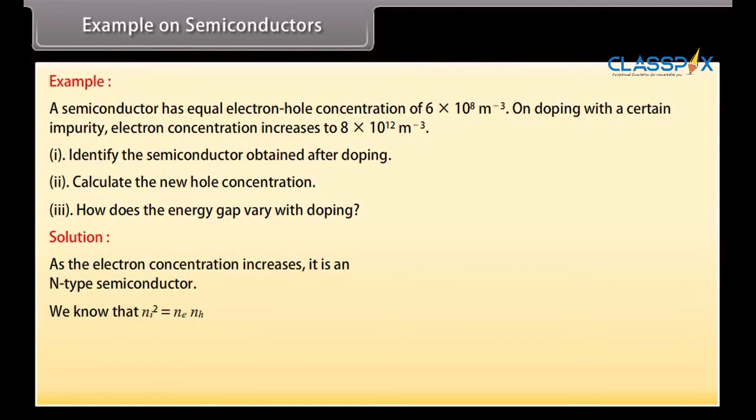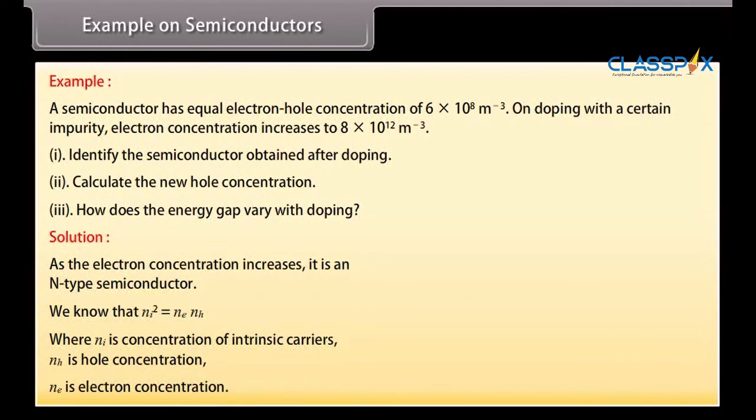We know that Ni square is equal to the product of Ne and NH, where Ni is the concentration of intrinsic carriers, NH is the hole concentration, and Ne is the electron concentration. Therefore, NH is equal to Ni square divided by Ne.